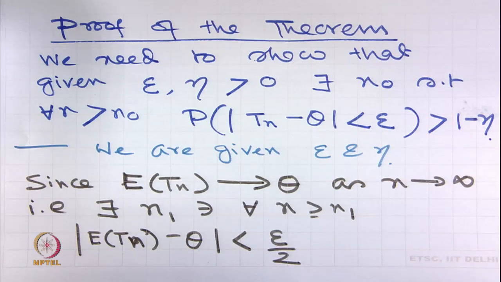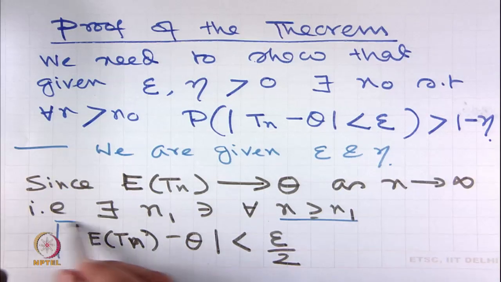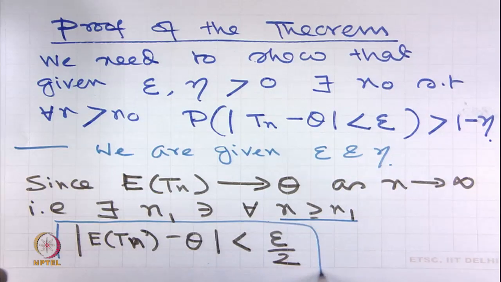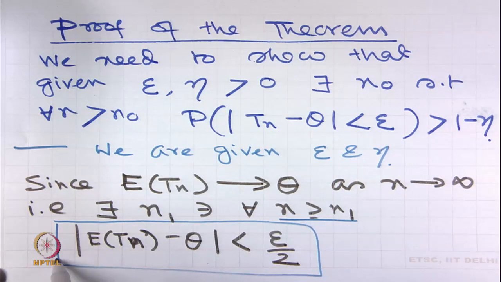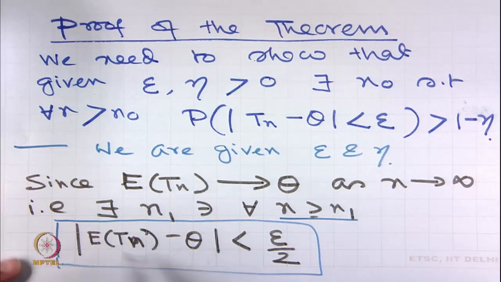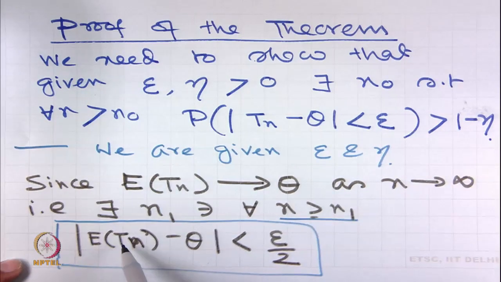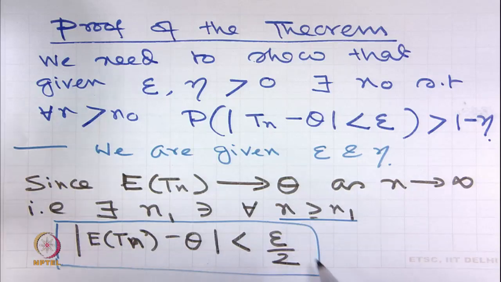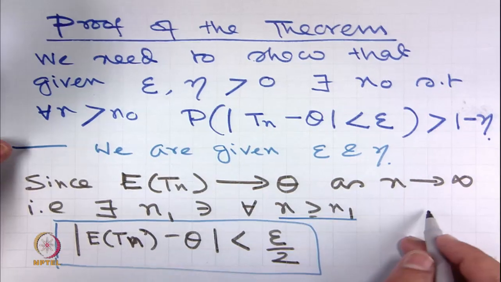So, we have been given an epsilon, we are trying to identify an n1 such that for all n greater than or equal to n1, this difference expected value of T n minus theta less than epsilon by 2.